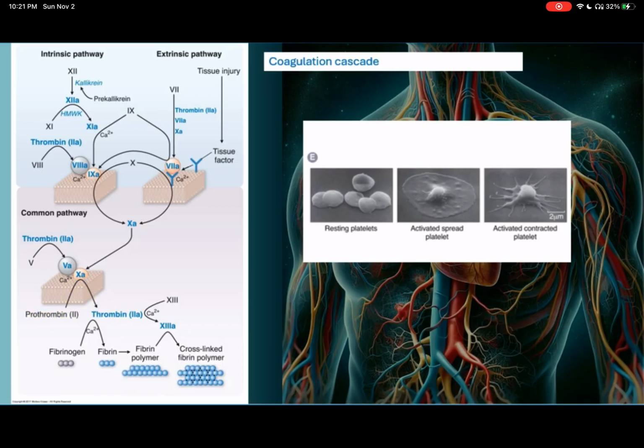Okay. The presence of negatively charged phospholipids, especially phosphatidylserine, is critical for assembly of the complex.